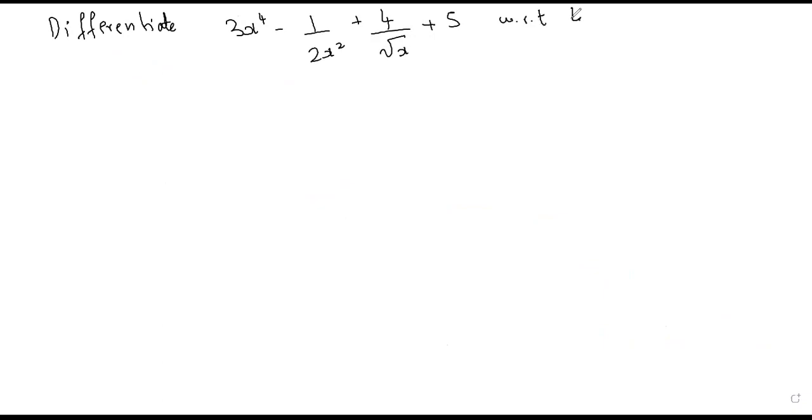It says, and I want you guys to try this out: differentiate 3x to the power 4 minus 1 by 2x square plus 4 by under the root x plus 5 with respect to x. Now this is the question and you need to differentiate this. I will give you 2 minutes, just do it and tell me the answers, okay?